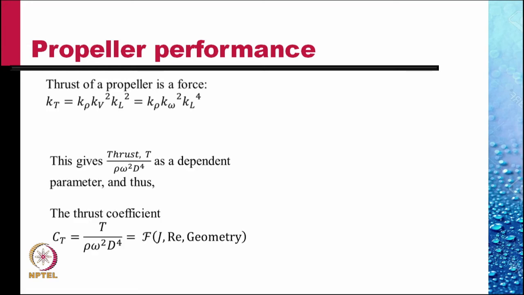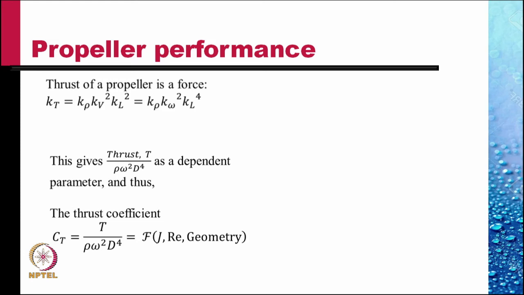Thrust T divided by rho omega square d4 as the dependent pi, the dependent parameter, and thus the thrust coefficient is defined as thrust divided by rho omega square d4, and it should be a function of the advance ratio, the Reynolds number, and the geometry.